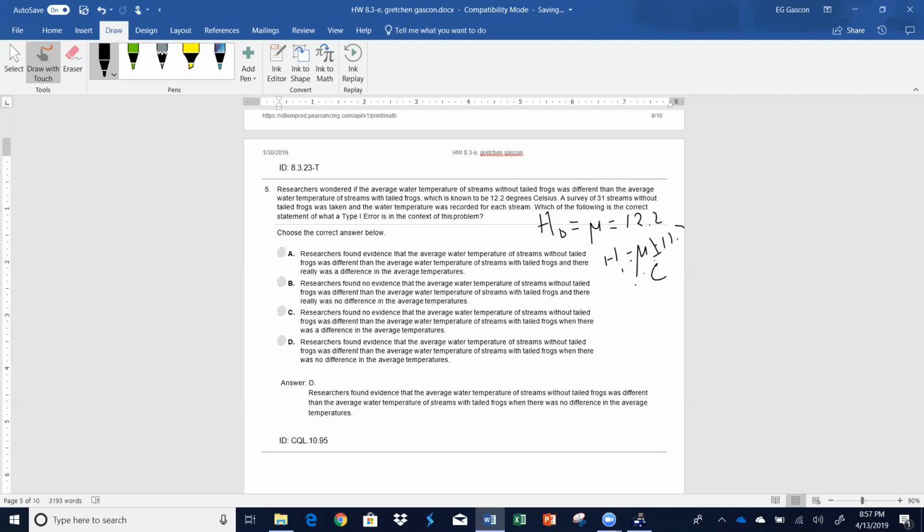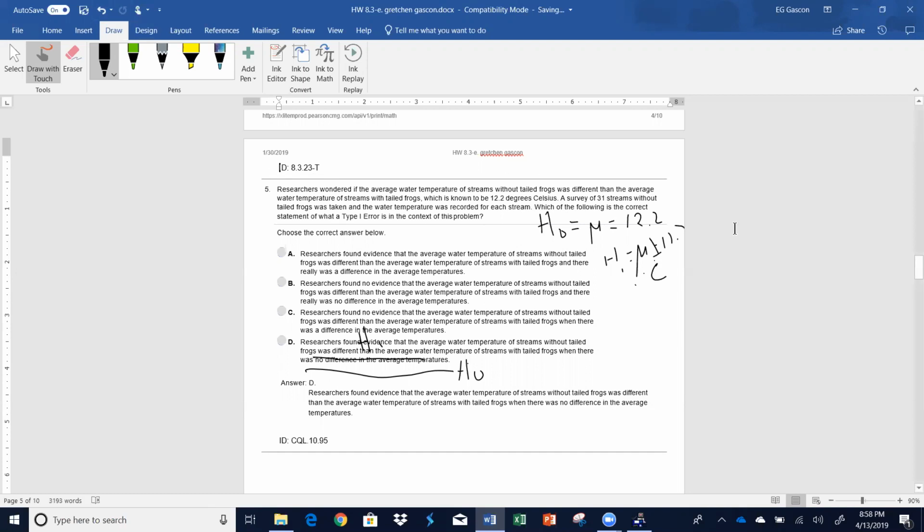So now we've got to figure out which one it is, and it's D. Researchers found evidence that the average water temperature without tailed frogs is different, that's H1, from the stream with tailed frogs, when really there's no difference. This is H0. That's why it's D. Does that make sense? Yes. You just have to work your way through those things, unfortunately.